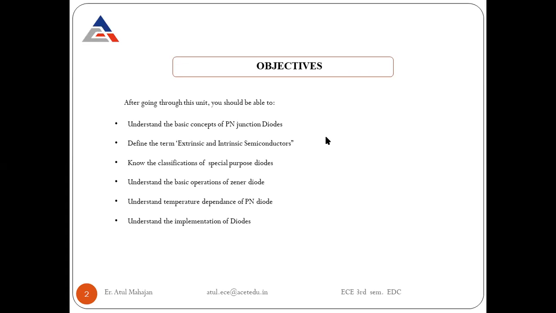And reverse bias means the terminals are oppositely attached to the battery. Like for the PN junction diode, the positive of the diode is connected with the negative terminal of the battery, and the negative terminal of the diode is connected with the positive terminal of the battery. That is known as your reverse bias diode.